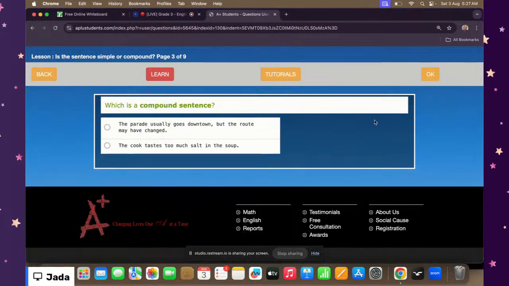Which is a compound sentence? The parade usually goes downtown, but the route may have changed. The cook tastes too much salt in the soup.